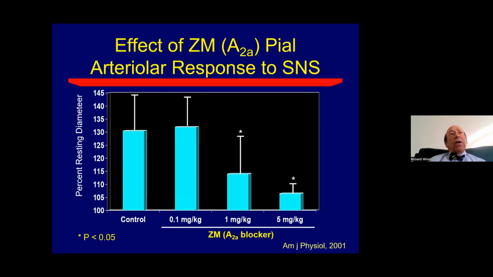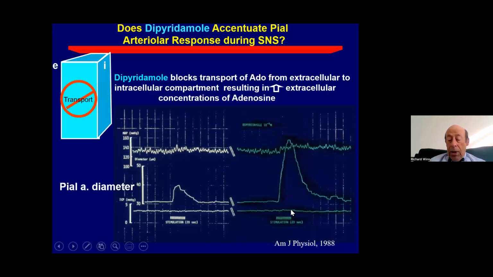Here's the specific A2A compound ZM, and you can see these are vasodilatation during sciatic nerve stimulation, one arterial 40 microns, and now it's blocked down by this A2A blocker.